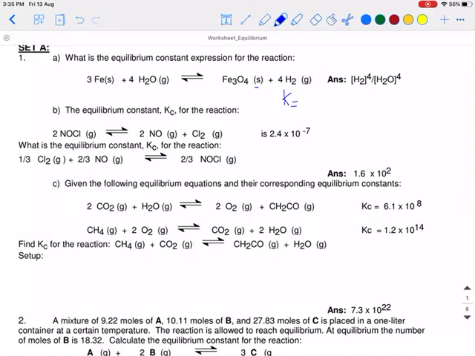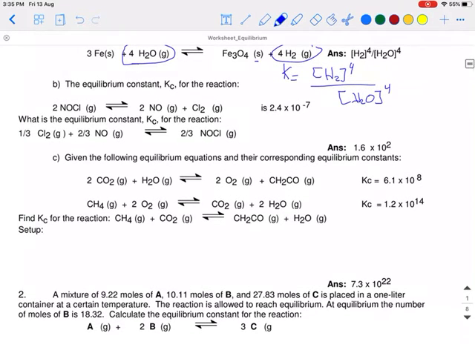So solids we don't include, we will include the gas. So it's the concentration of H2 to the power of 4 over the multiplication of the reactant concentrations. This solid we will not consider. I consider only gas, so it will be H2O to the power of 4. So this will be the answer.